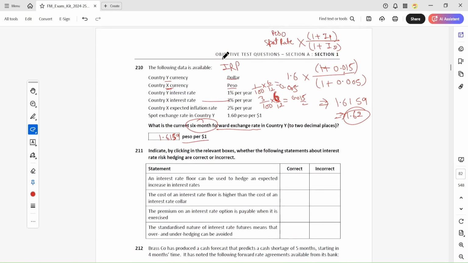Just remember this formula and you will understand. And the most important thing: if you have peso here, then the upper currency's interest rate should be the peso, and the alternative currency should be in the denominator.